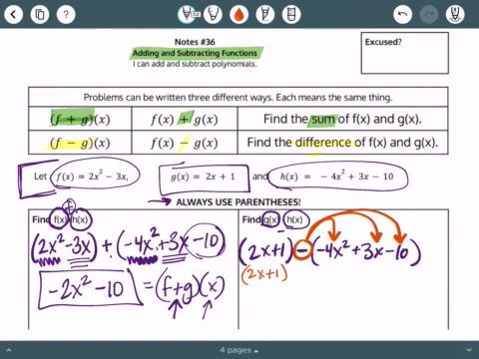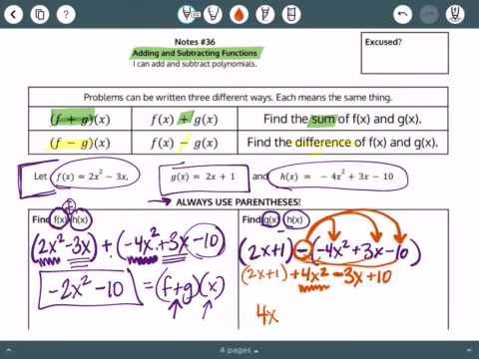And then now I have a negative and a negative, which is going to make a positive 4x squared. A negative times positive would be a negative 3x, and a negative times a negative would make a positive 10. When I combine my like terms again, so I see 4x squared is all by itself.